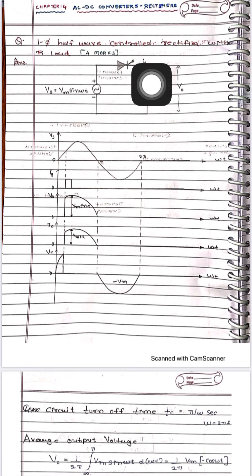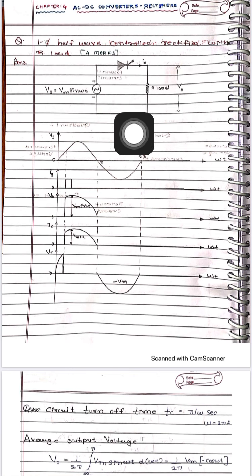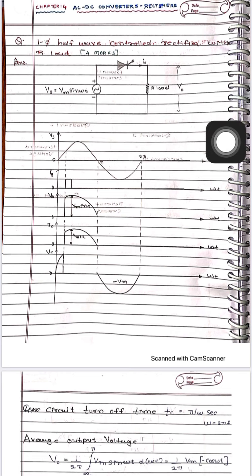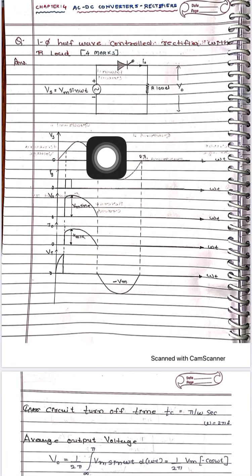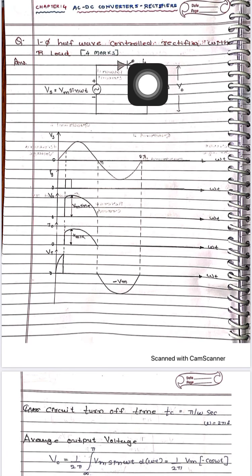This SCR is called a silicon controlled rectifier, or we can say a thyristor. A thyristor can be used for rectifying purposes, which is why its name is silicon controlled rectifier. It has gate pulses, and it is a 3-terminal, 4-layer, 3-junction device.